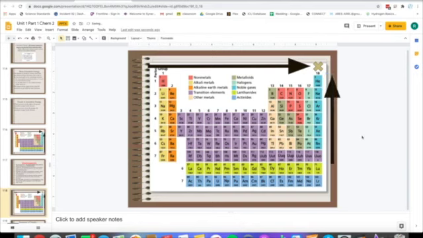All right, so if we had to choose two elements, fluorine is the one in this upper corner. It's the one with the highest electronegativity. So if we looked at copper versus calcium, copper has the higher electronegativity because it's going towards this corner.